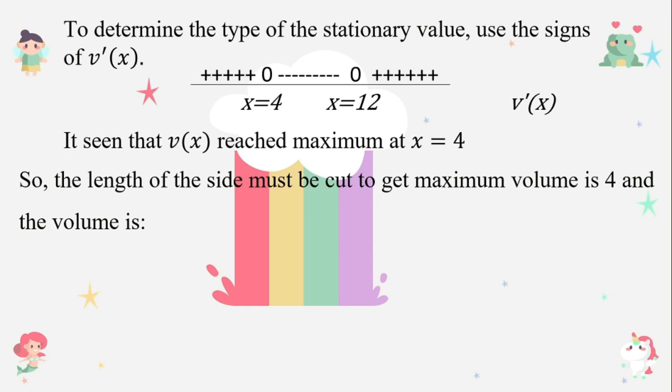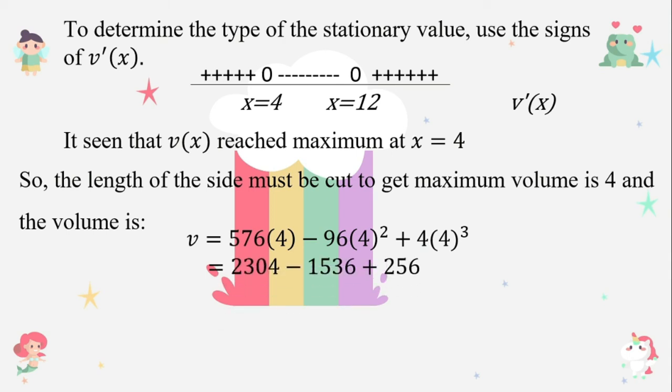So the length of the side that must be cut to get maximum volume is 4, and the volume is V = 576 × 4 - 96 × 4² + 4 × 4³ = 2304 - 1536 + 256 = 1024 inch cube.